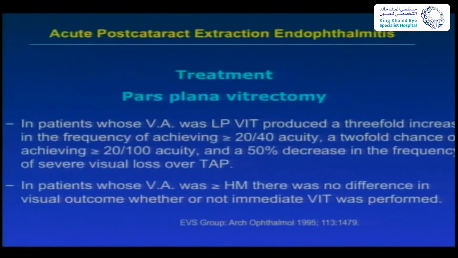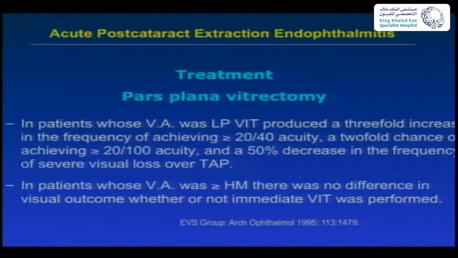Pars plana vitrectomy: there was a lot of debate about when we should do pars plana vitrectomy for therapeutic reasons in patients with post-cataract endophthalmitis. Before the data from this big study became available, I had the impression that if a patient comes with dense vitreous involvement and no red reflex, that means the eye is full of pus, and this is an indication to do early vitrectomy.